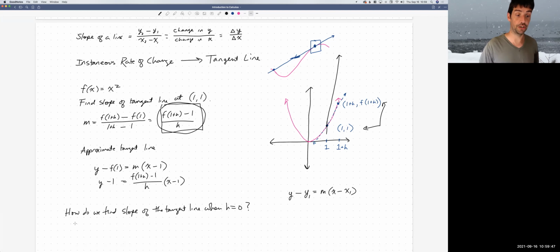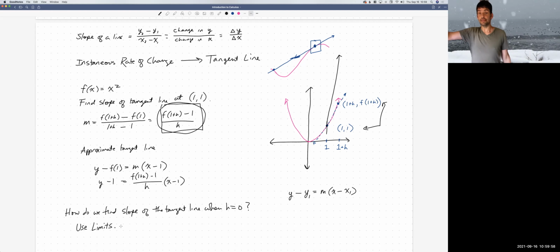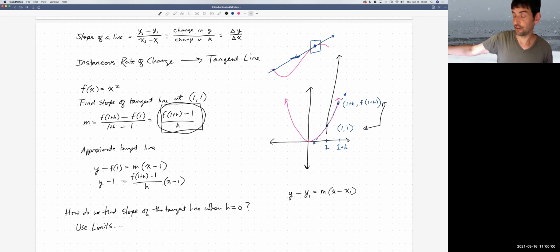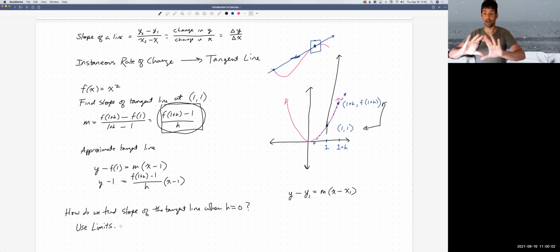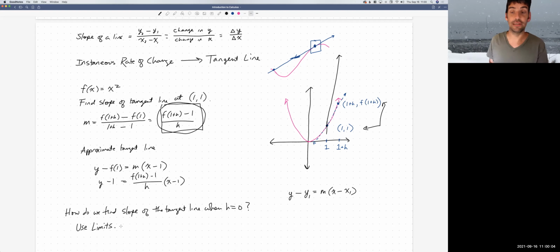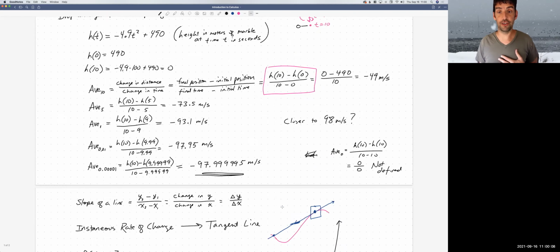The tool we're going to use to do this is something called limits, okay? There's going to be a whole bunch of detail around this, but our first idea of limits is, can we formalize what we saw in those first computations?